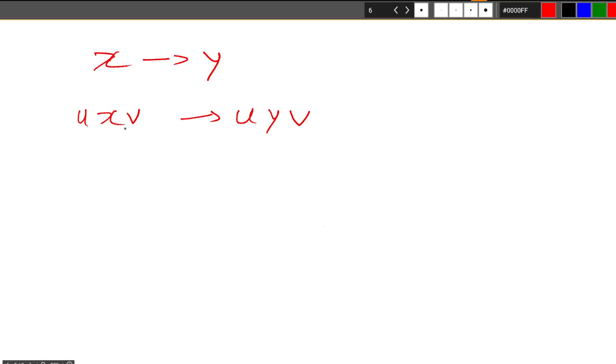How? By deriving x. In place of x you can substitute y and you get uyv. So what happened actually, this was your word, let me say word 1, you reached word 2 by substituting your x with y.